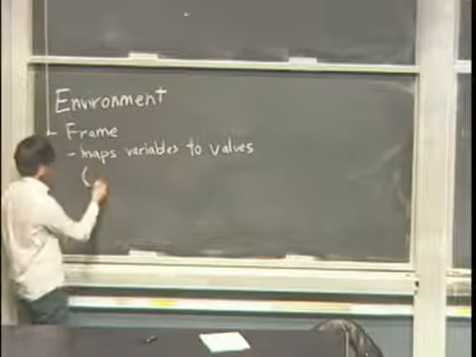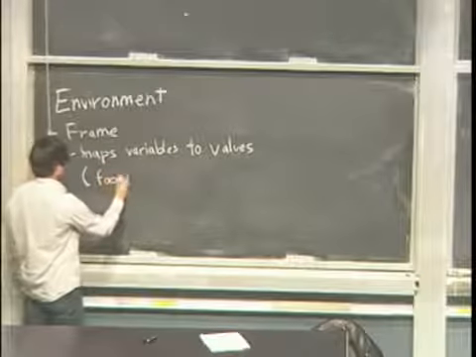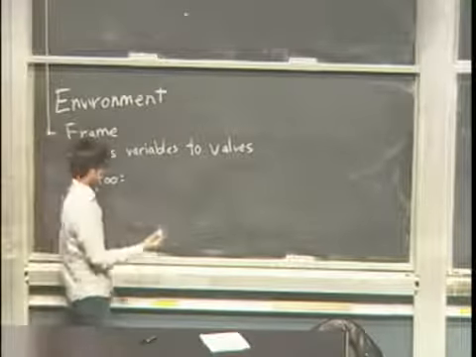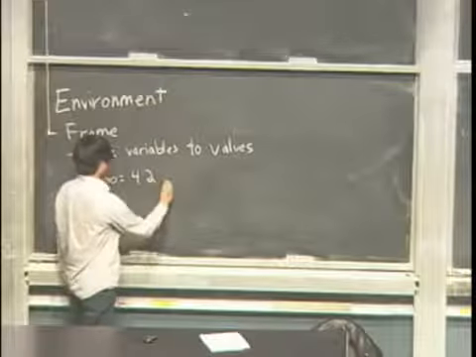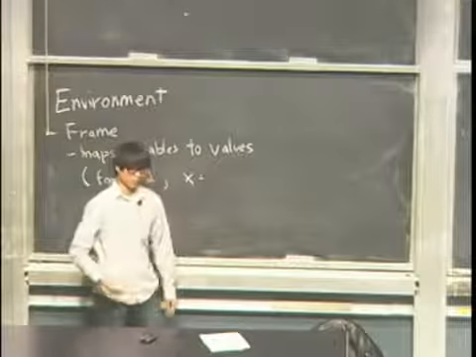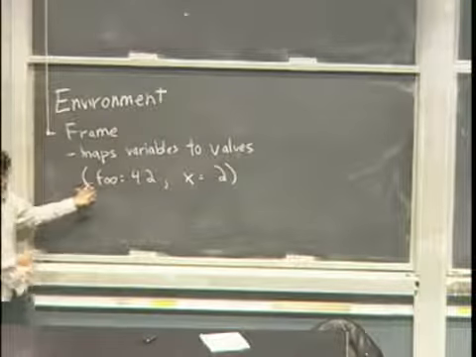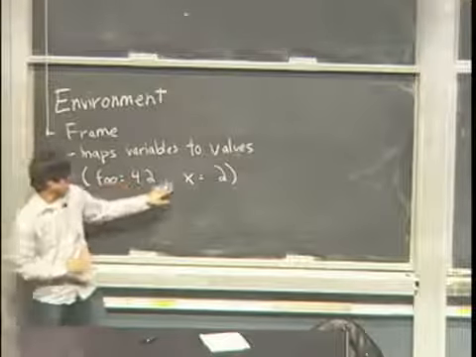We could show foo mapping to, let's say, value 42, and the variable x, let's say it has value 2. So this is what the frame would look like, high level: foo maps to 42, x maps to 2.